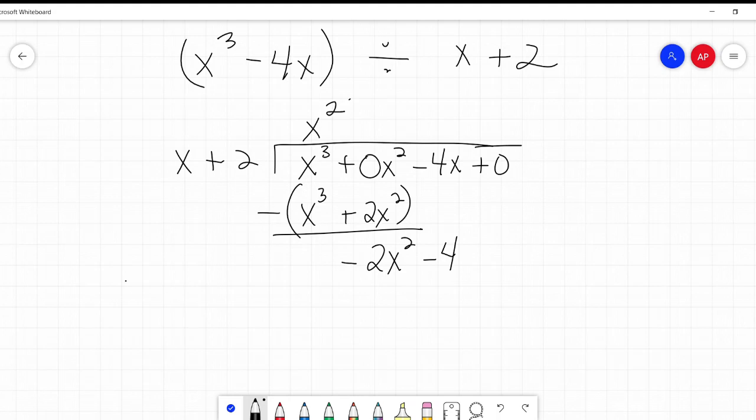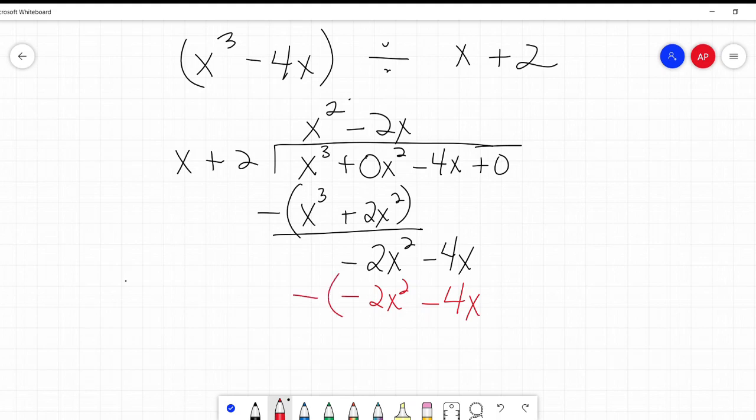Bring down my next term. Okay, x times what equals negative 2x squared? Negative 2x. All right, multiply times both. Write it down here. Negative 2x times x is negative 2x squared. Negative 2x times 2 is negative 4x. Oh, look how nicely that worked out.